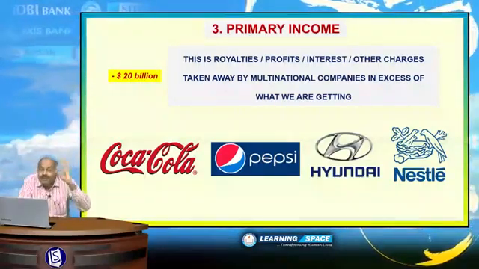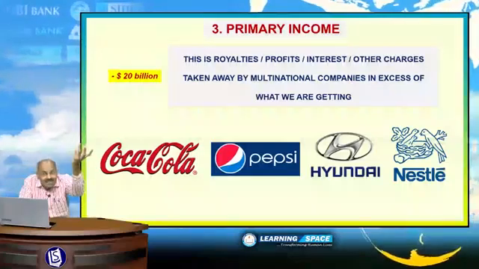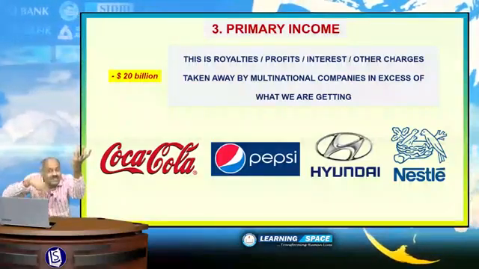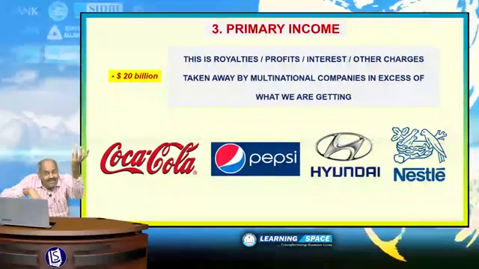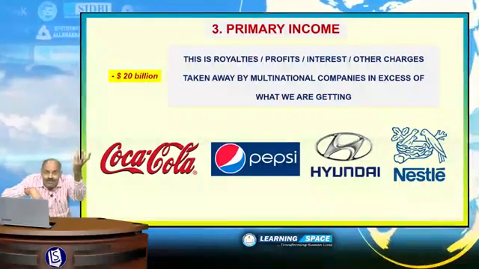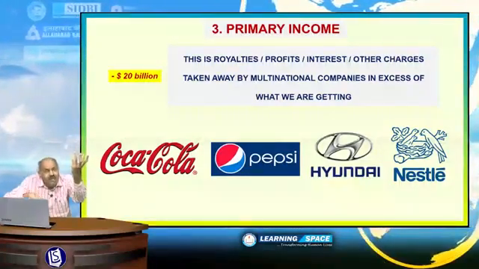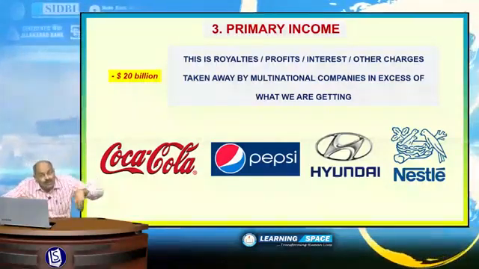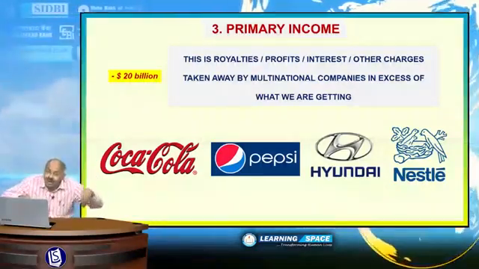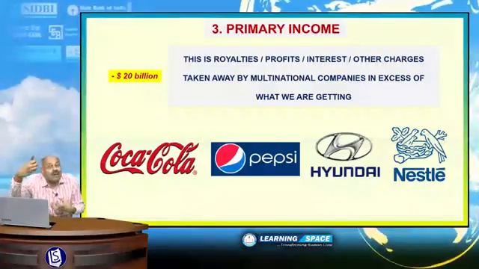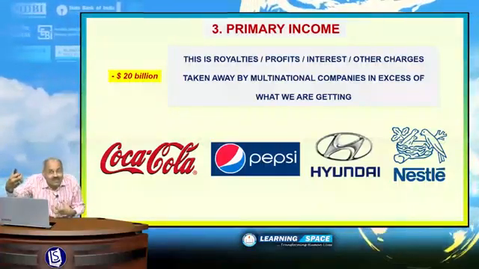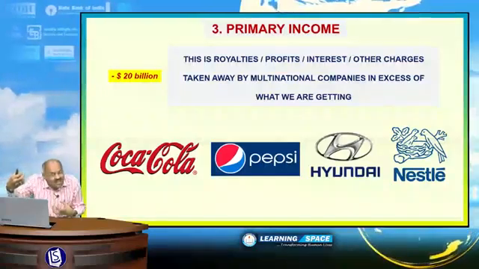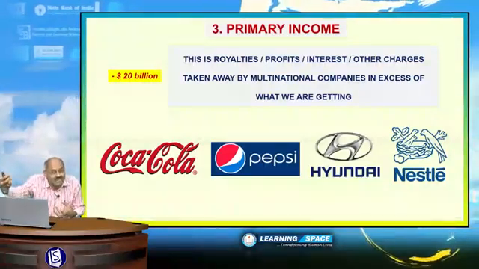Their parent company is in a foreign land. They established their subsidiary here, and for using the brand name and their product in this country, for the intellectual property rights, and as royalties, they take away some money from the country. Coca-Cola, Pepsi, every year they take away some money from our country.